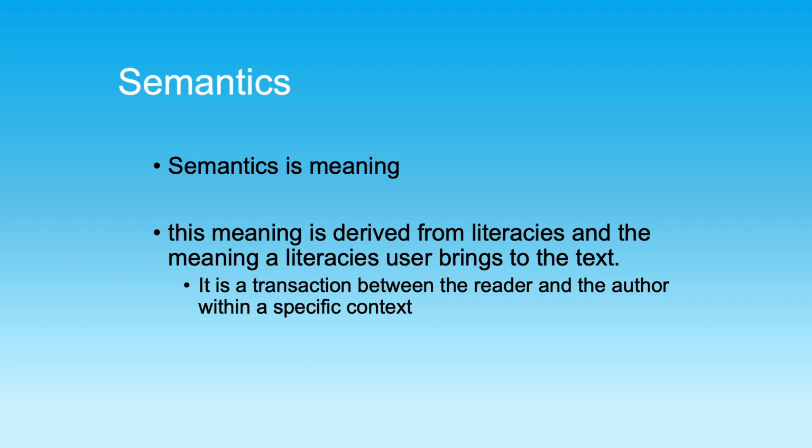The heart of the literacy process is semantics. And it's the cueing systems working together for us to make meaning. At its simplest, semantics is meaning. But it's not that simple. When we're talking about meaning here, it's the meaning between the reader or the literacy user and the text.